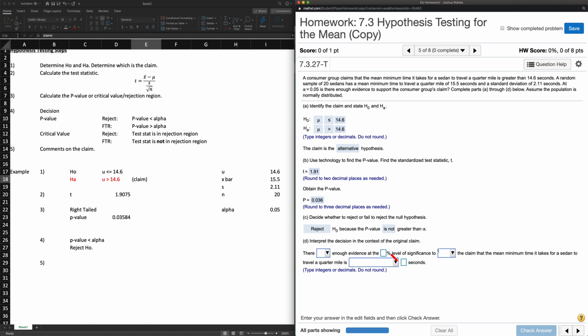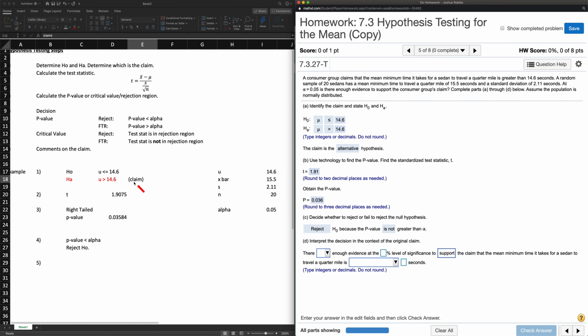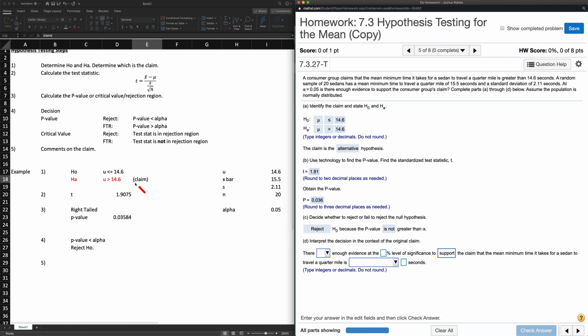So our wording is going to be support. If the claim is on the alternative, you will always word it as support. If the claim was on the null, you would always word that as reject. So we are agreeing with them, so there is going to be enough evidence to support them. That level of significance is 5% for this problem.